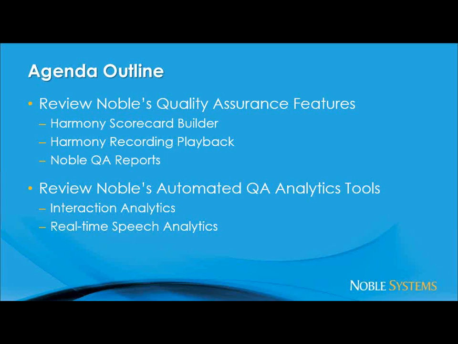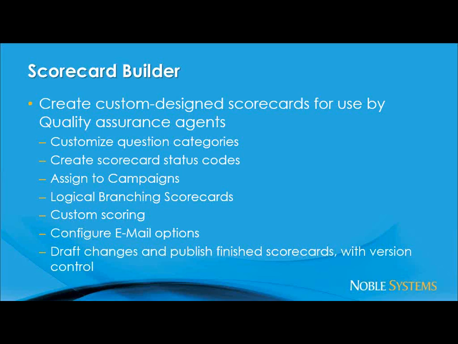The three main pieces of the Noble solution that deal with quality assurance from a manual perspective are the Scorecard Builder, the Noble recording playback utility, and the Noble reports, specifically the QA reports. We also have two different offerings for analytics and automated quality assurance, the interaction analytics post-call analysis package, and our Noble real-time speech analytics, and we're going to talk about all of that today. So let's get started.